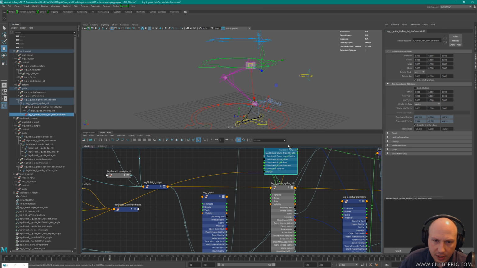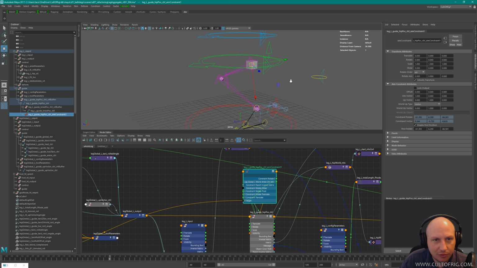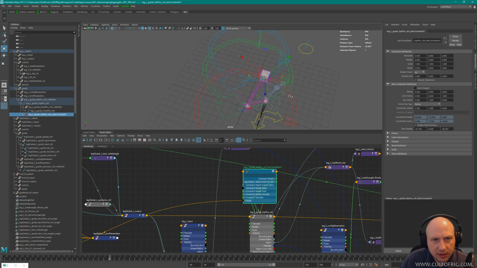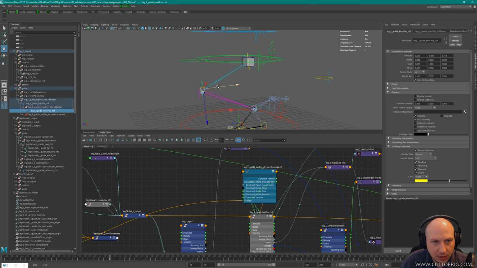If you don't know constraints in Maya, it might be kind of tough to follow the stream if you are not familiar with that. But you can choose what axis aims towards something by changing this vector. So at 1, 0, 0, it's your X basis. It's going to go that way. I'm tempted to say Z. Yes, that seems correct. So we want the Z to aim that way, and that should be a pretty decent start.